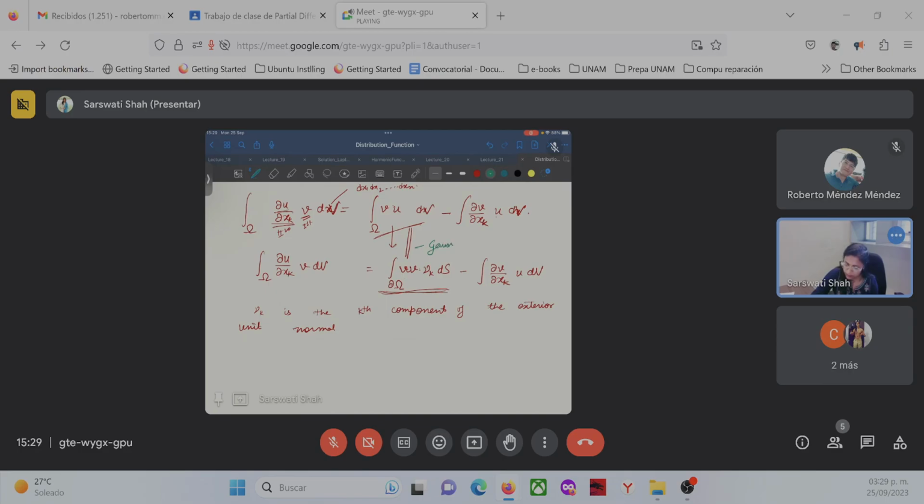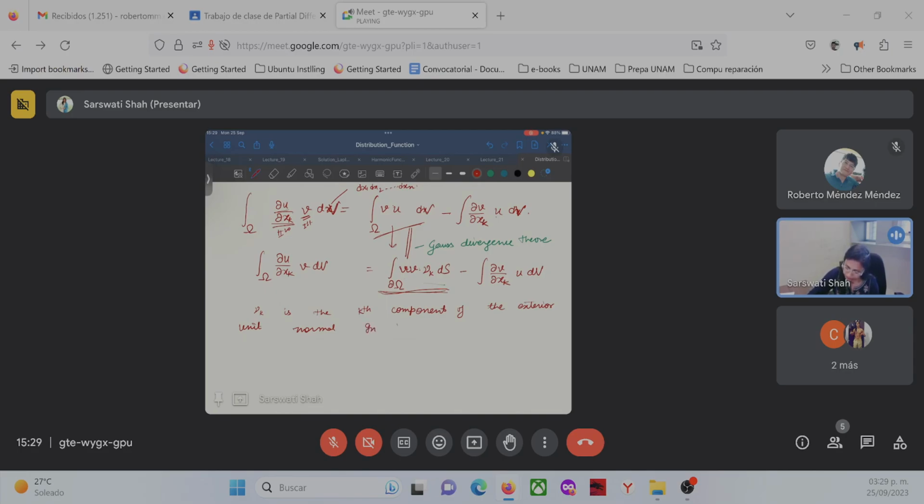That is basically what we are using to write this using Gauss. I have written the notes, but in your notes each and every step is not written, like I am using the Gauss divergence theorem, so you need to take the class to see where this is coming from and where it is not. So nu is the component of the exterior unit normal that is used in the Gauss divergence theorem.